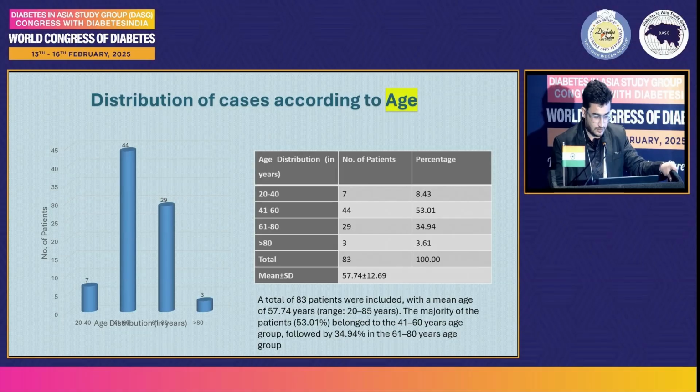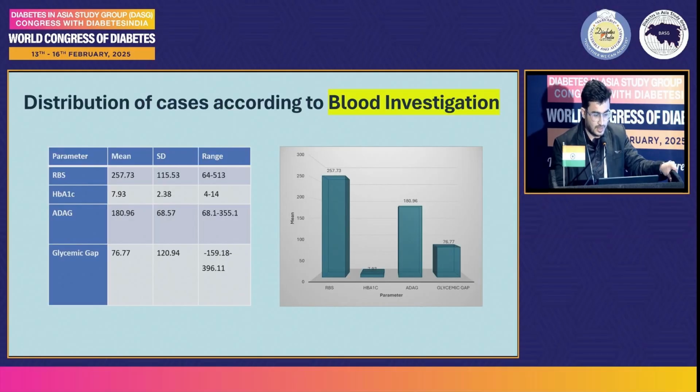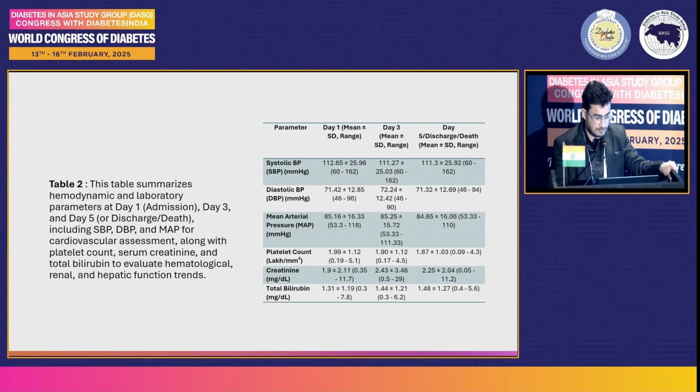There was nearly equal gender distribution, 53% females and 46% males. Among the blood investigations, the random blood sugar average was 257, HbA1c mean was 7.9 plus minus 2.3, average glucose was 180, and the glycemic gap mean was 76.7.